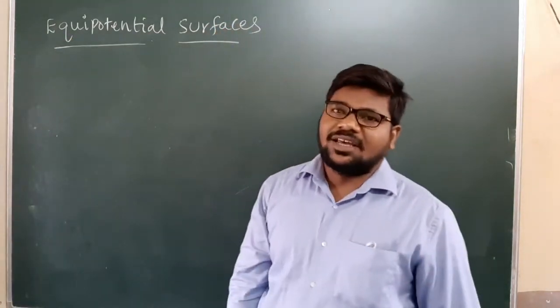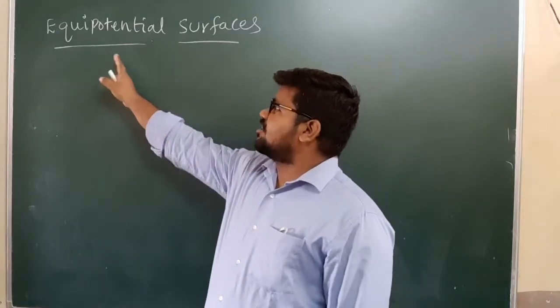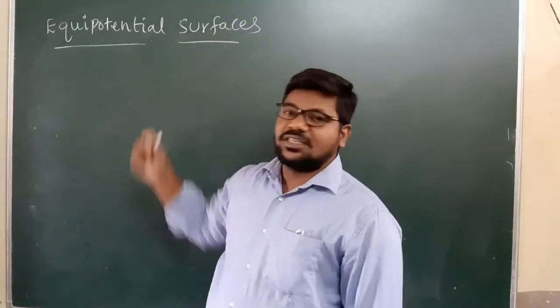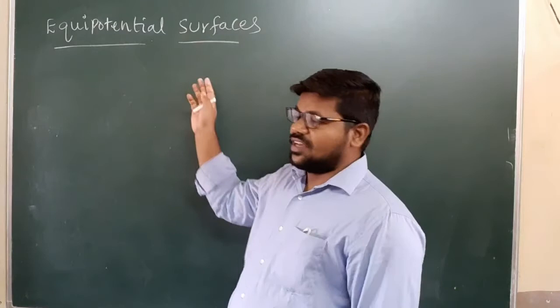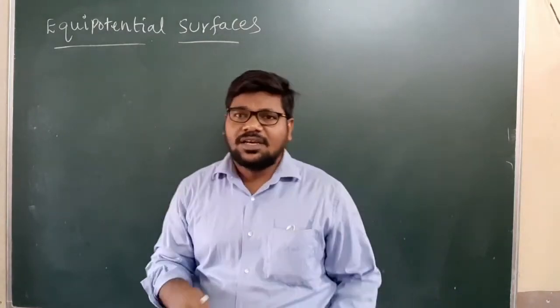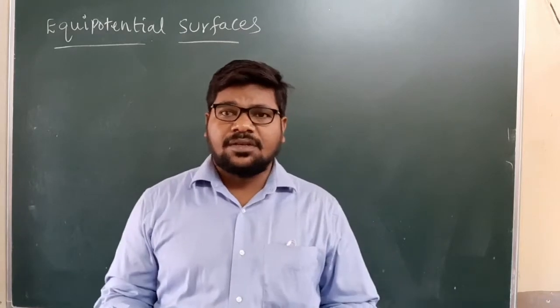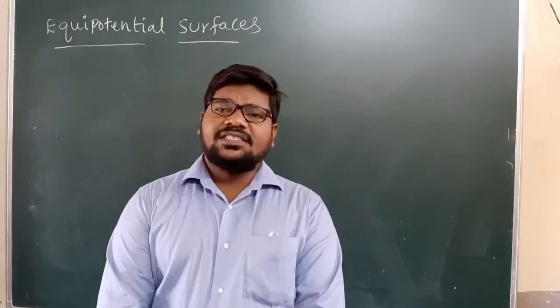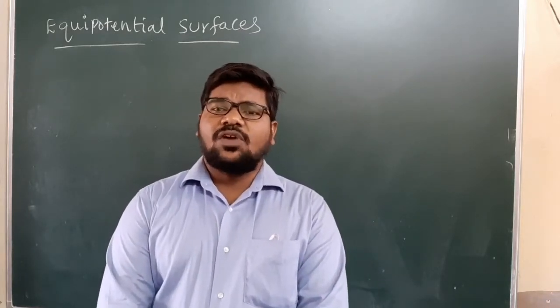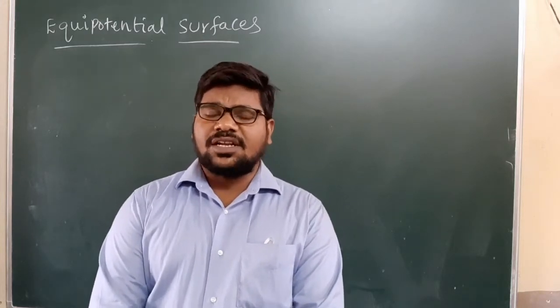Equipotential surfaces. The name itself: equi means equal, potential, surface. Here in a surface, the potential is the same. Any surface which has equal potential, we can say is an equipotential surface.